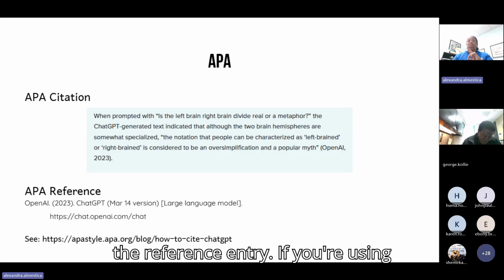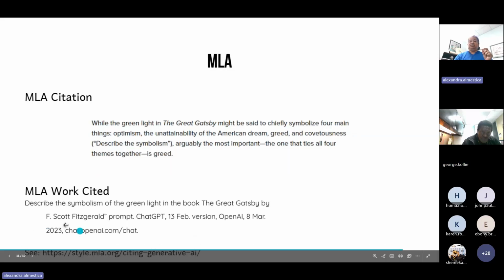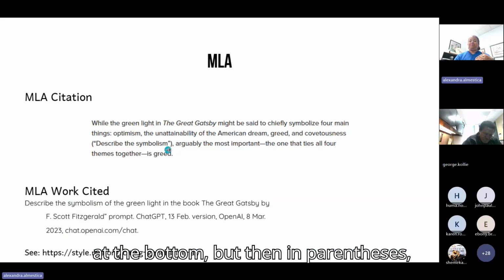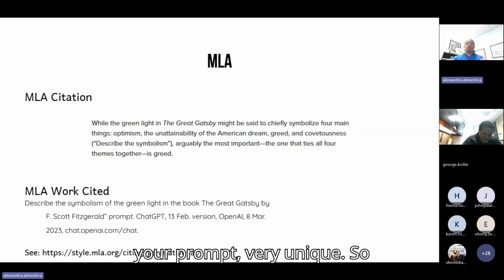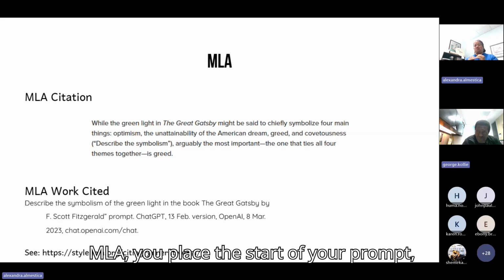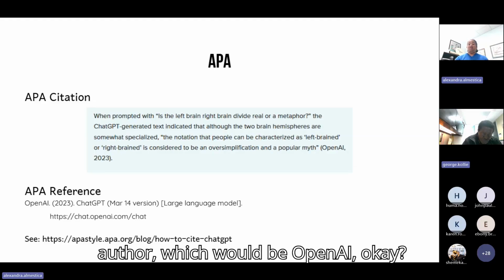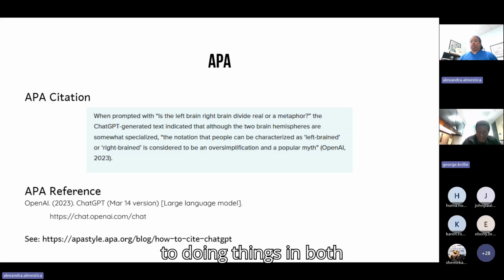If you're using MLA, it's a little bit different. It looks this way as works cited says at the bottom, but then in parentheses, you're putting the start of your prompt. Very unique. So in MLA, you place the start of your prompt, whereas in APA, you're placing the author, which would be OpenAI. Completely different approaches to doing things in both styles.